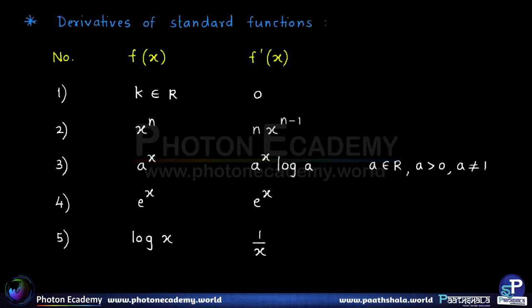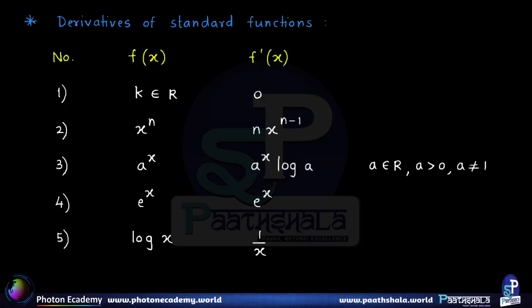The derivative of a raised to x is equal to a raised to x into log a. As a special case, if we put a equal to e, we get the next result, that is, the derivative of e raised to x is the same as e raised to x, because we know that log of e is equal to 1. Then next is log of x, whose derivative is 1 upon x.